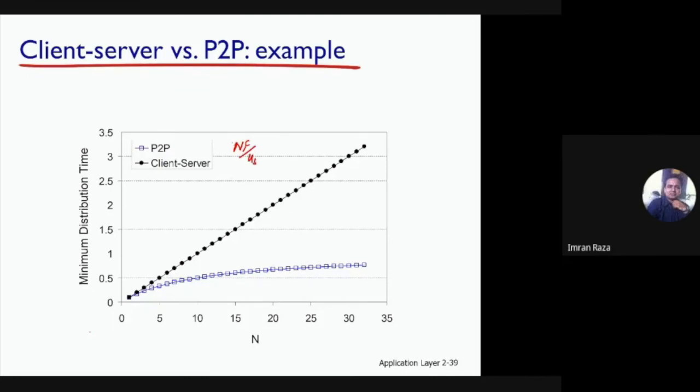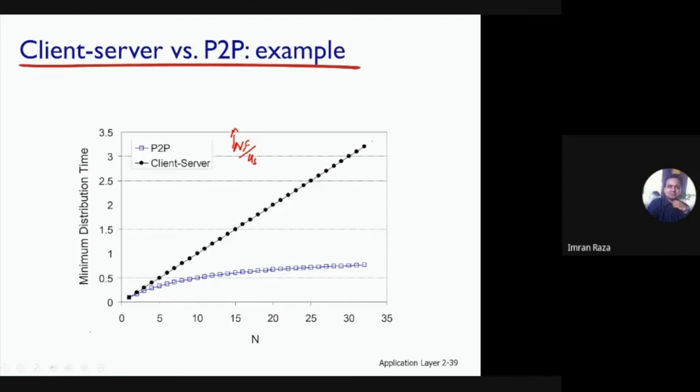So if the number of nodes increases, n increases, so the time to distribute the file also increases. It was 5, 10, 15, 20, so there is a linear increase in the time required for the distribution of the file.